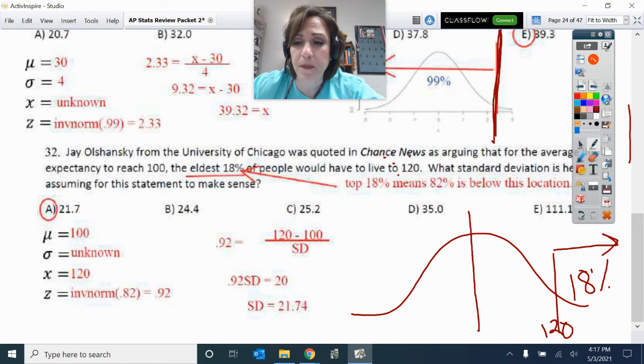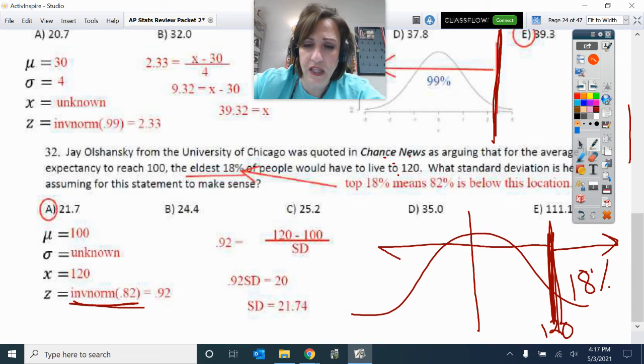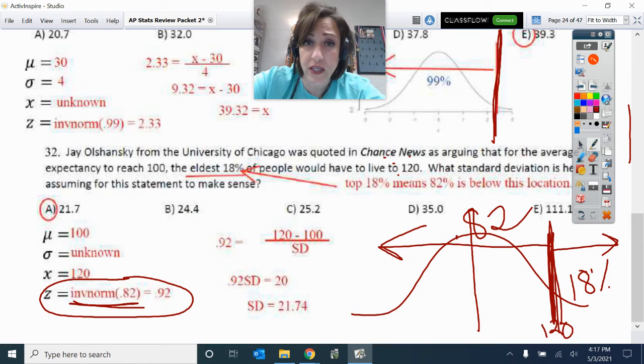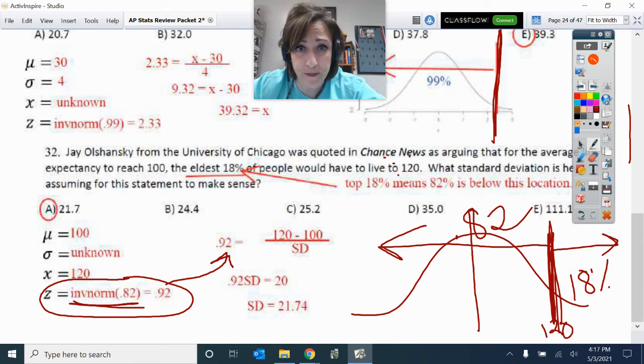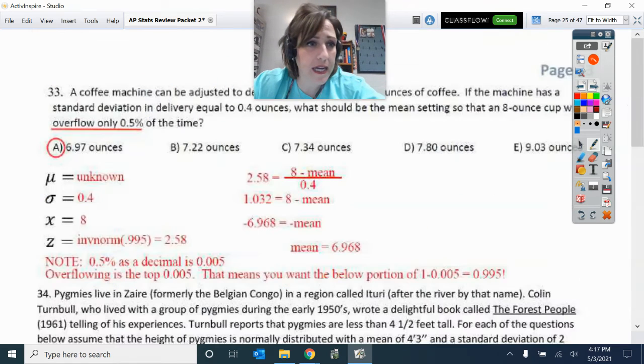We have the mean, and so I can figure out the z-score at this spot because I know that it is going to be inverse norm of the area below, and the area below is 0.82. So when I did inverse norm of 0.82 in my calculator, that's a z-score of 0.92. So that's how I do that, and 120 is my x minus the mean over this standard deviation is what I'm solving for.